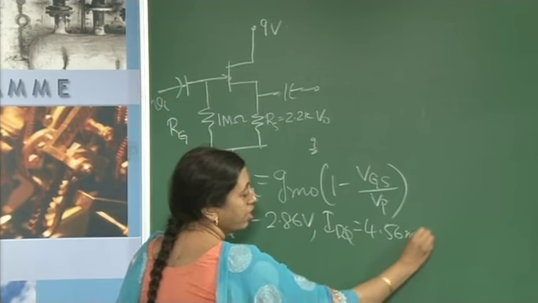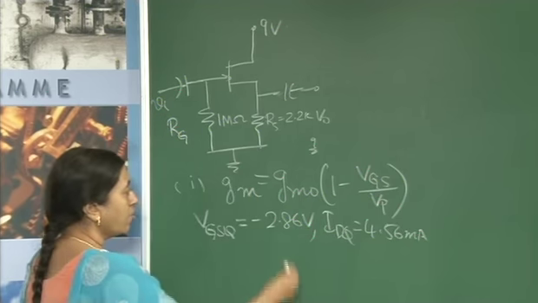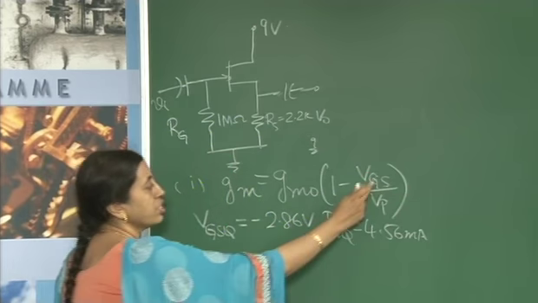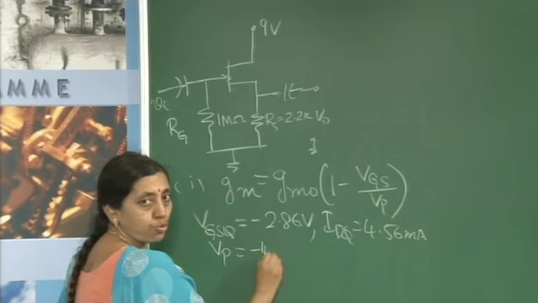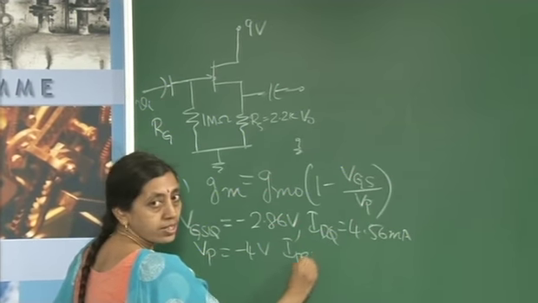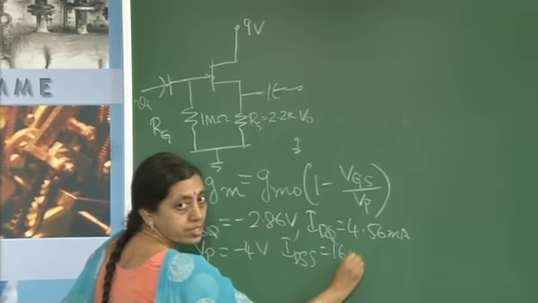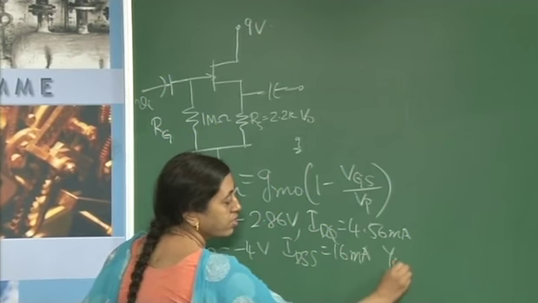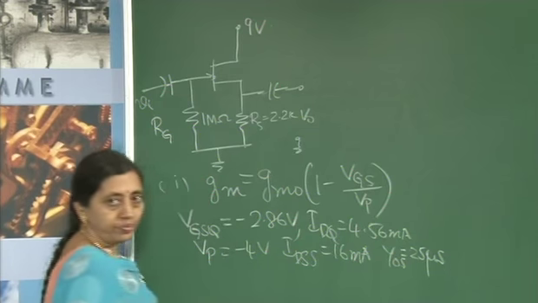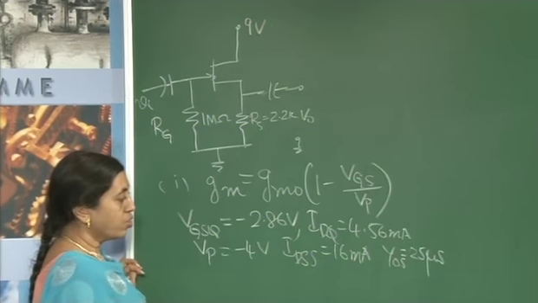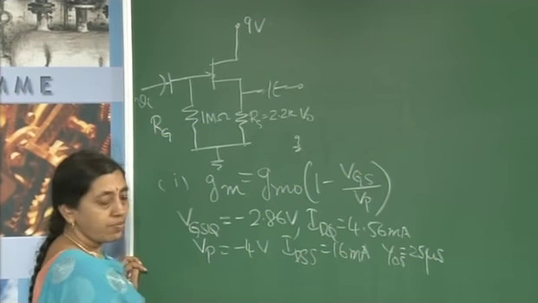This is the given data. In this expression, VGS is known, VP is given to be minus 4 volts, IDSS is 16 milliamps and YOS is 25 microseconds. These are the given values.